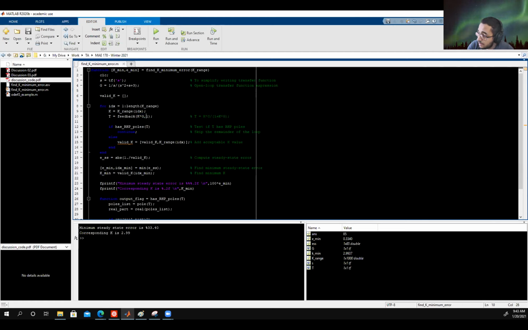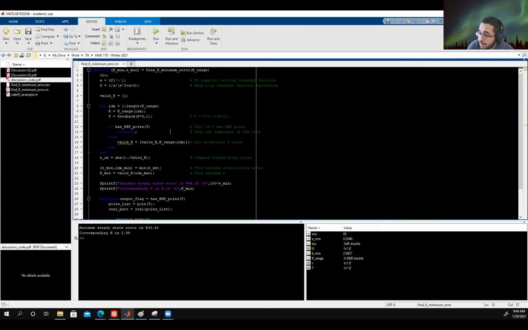So this is equivalent to k times g divided by 1 plus k times g. And then we have a function that checks whether or not t has right half plane poles. If it has right half plane poles, then we skip the remainder of this loop and move on to the next value in the array k range, right?